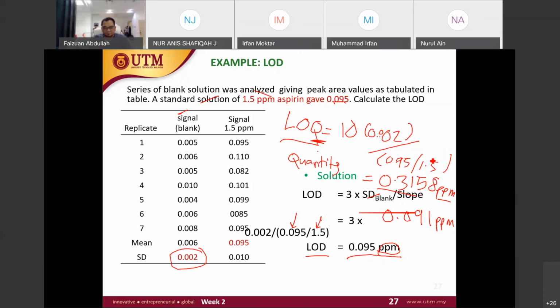You get it? Understood? In every analytical report, we need to report the values for LOD and LOQ before we present our result.